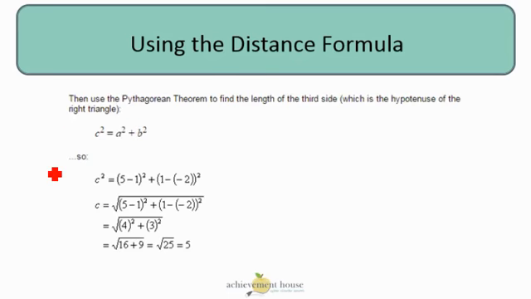And that's all in the math right here: 5 minus 1 equals 4, 1 minus negative 2 is going to equal 3. So I square both of them, 16 plus 9 equals 25, and the square root of 25 would be c, or the length of my hypotenuse.